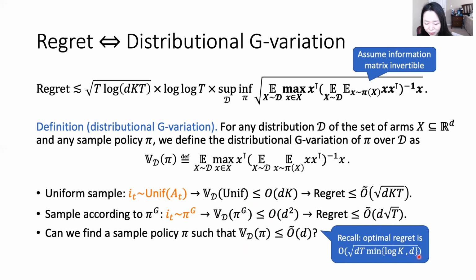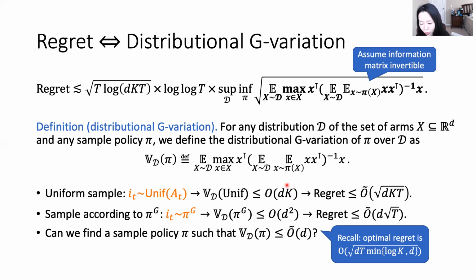However, if d is pretty large, then log K is smaller, and this term becomes square root of dT log K. And then our problem boils down to, can we find a sample policy pi such that V_D of pi is almost at the order of d?